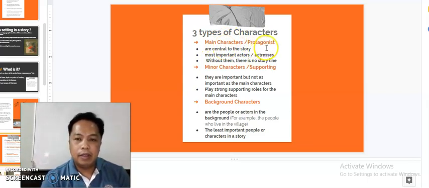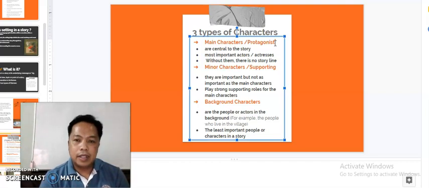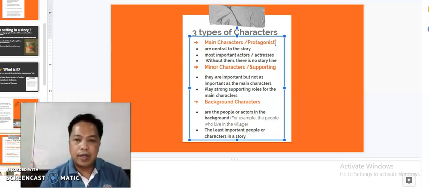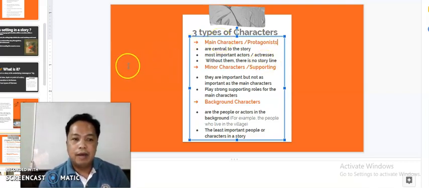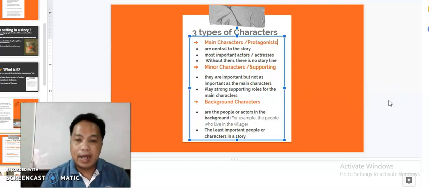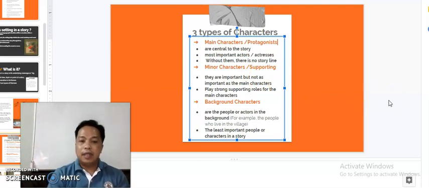These are the central characters of the story, the main characters. And they are also the most important actors or actresses in the story. Without them, there is no storyline.